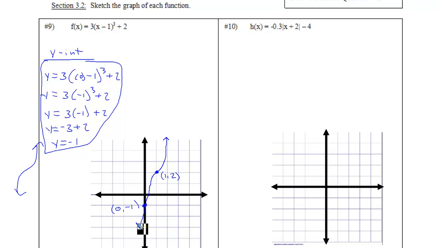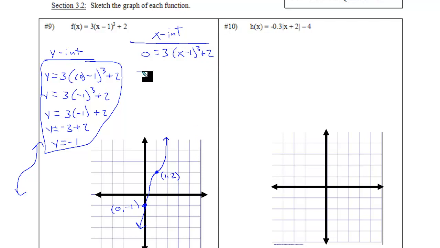What about the x-intercept? To find the x-intercept, we're going to put 0 in for y and get x by itself. Once again, you're allowed to use your calculator if you want. Eventually we're not going to use it, so I like to not use it myself unless I have to.